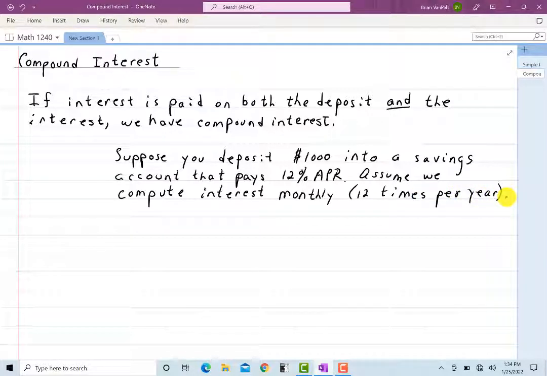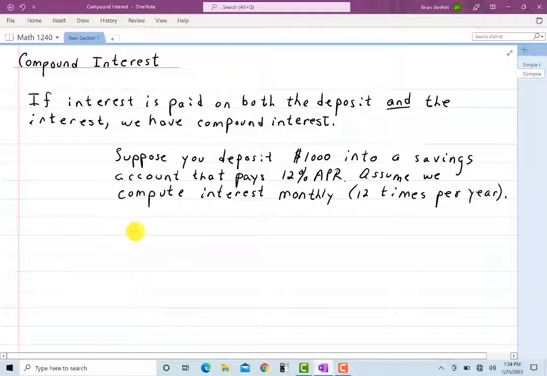So basically at the end of each month we will start computing the interest, and then at the end of the next month we'll compute interest again, etc. So I've got my APR and I've got my compounding. So let's keep track of this. Let's take a look at after the first month and etc.